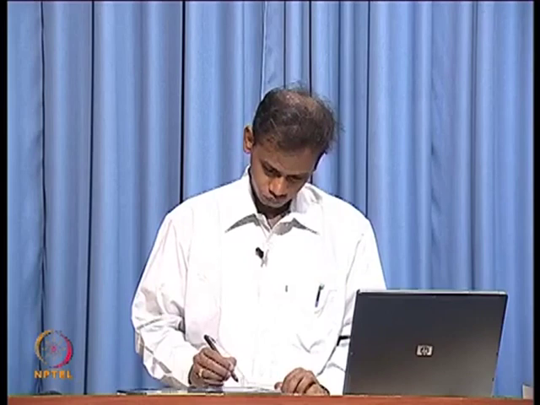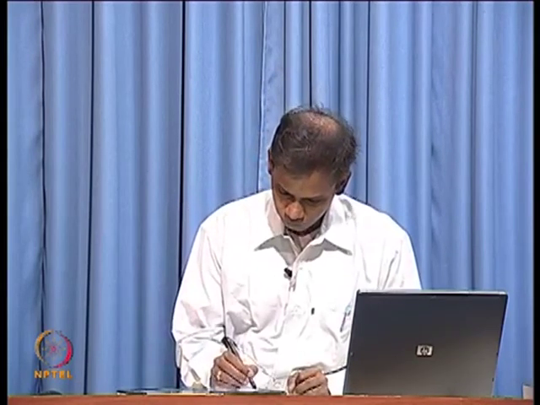The first one is the mean function. The mean function is defined with the notation m of t, that is nothing but the expectation of the random variable X of t.